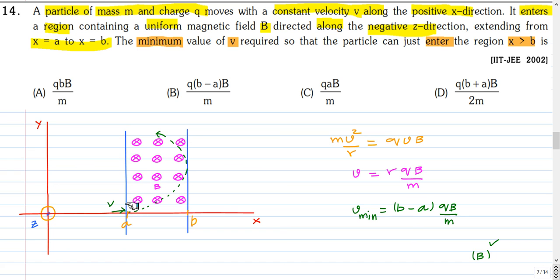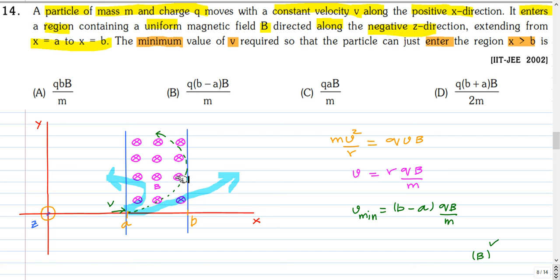If the velocity is very low, then it will move like this. If the velocity is very high, then it will enter the region x equal to b and move like this. So for a particular value of velocity, it will just touch this interface x equal to b and turn back.